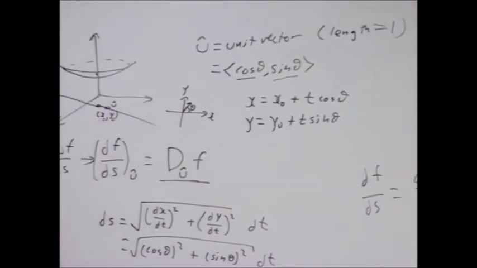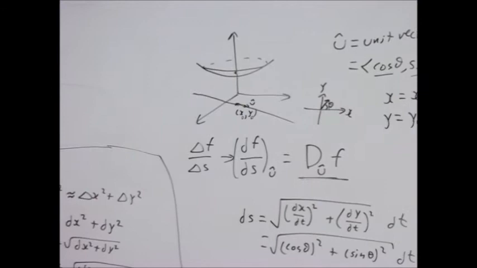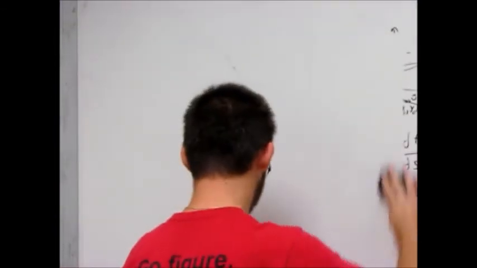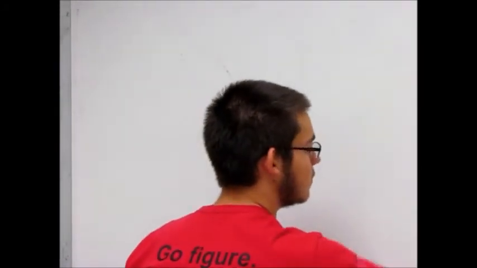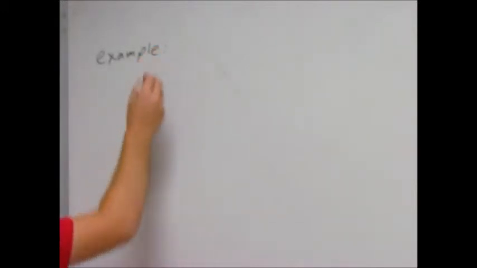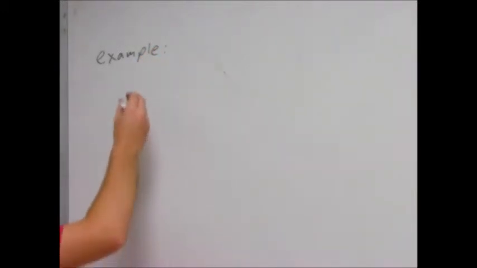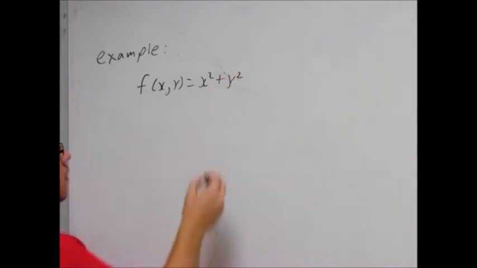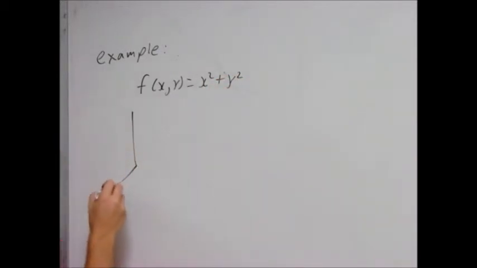So let us do an example here. Let's use one of the functions that we are pretty familiar with by now. f of x comma y equals x squared plus y squared. And we should know what that looks like by now.